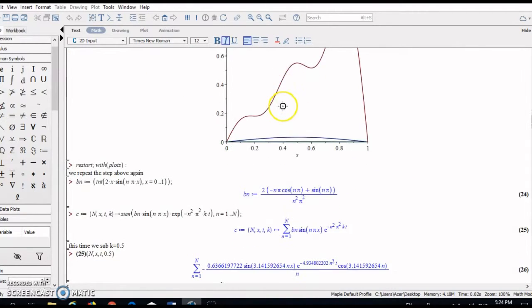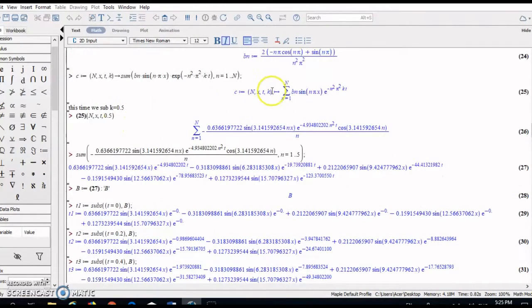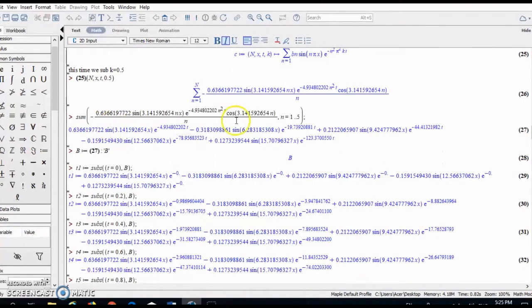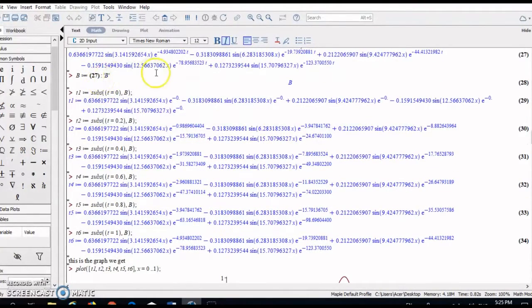Next, we repeat the steps again. This time we use k equals 0.5, same as with k equals 1.5. Here we evaluate the c function, and we put the k value equals 0.5. Then this is our output. And then we sum the first 5 terms of the series, and we assign a name b to the function.